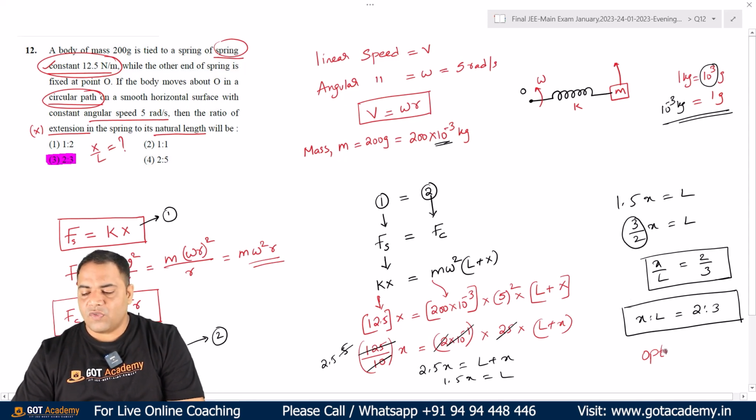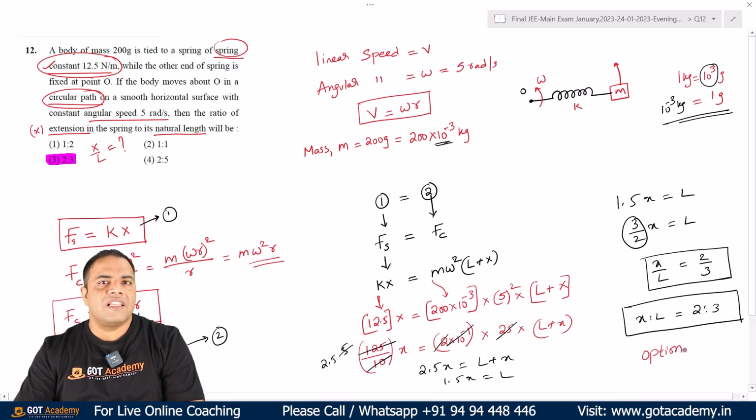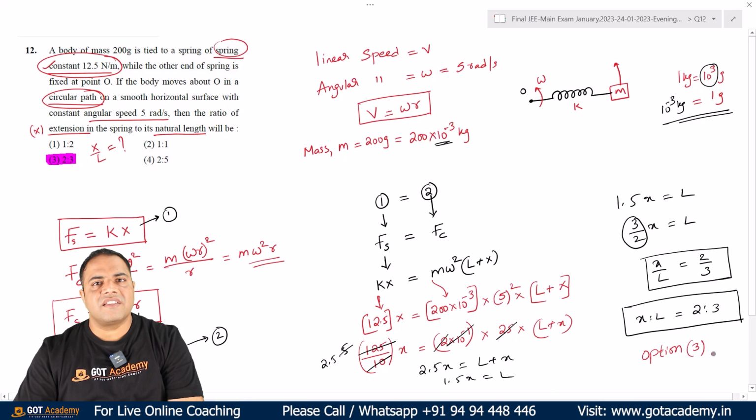Once I get these two forces, I know that to maintain a circular path these forces must balance each other. That is the reason I have taken the spring force equal to the centripetal force, that is kx equal to m omega square r. In place of r, the radius is because of the extension of the spring, so you have to write its natural length plus extension. With this I conclude that for the given question, option 3 is the correct option.